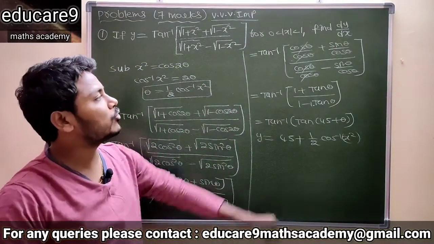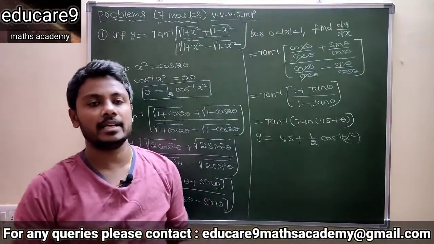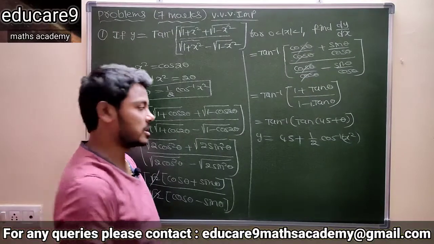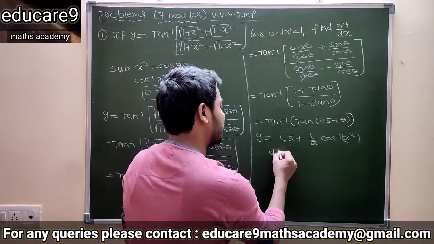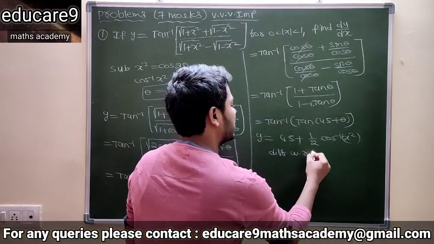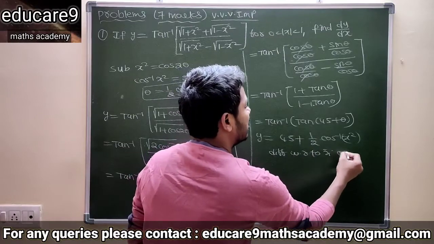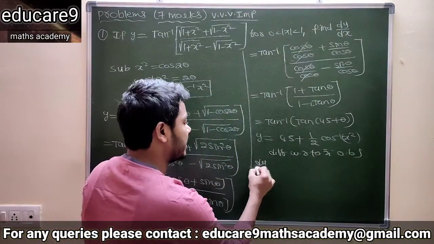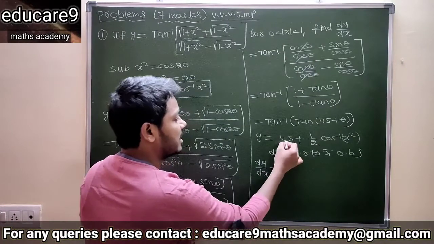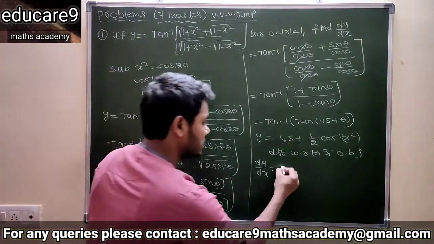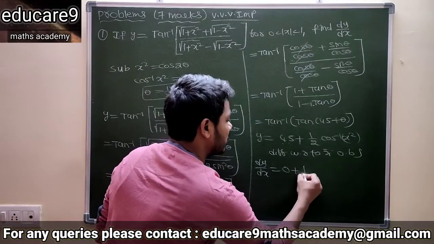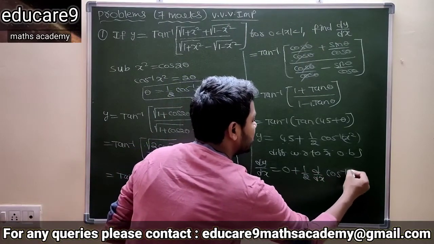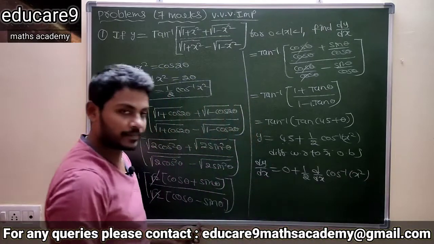Now you need to find dy by dx, so we differentiate with respect to x on both sides. dy by dx is the derivative of the constant, 0, plus 1 by 2 into d by dx of cos inverse x square.